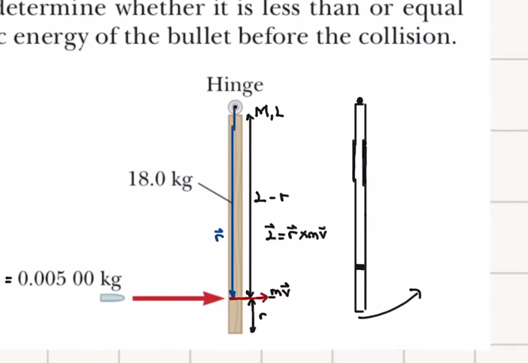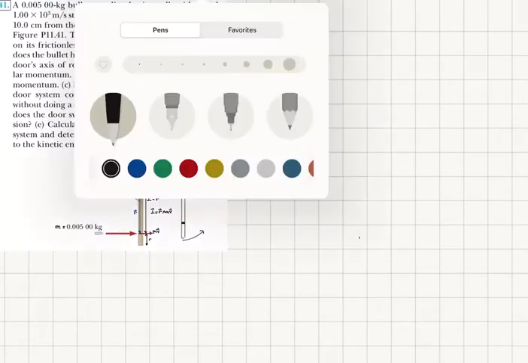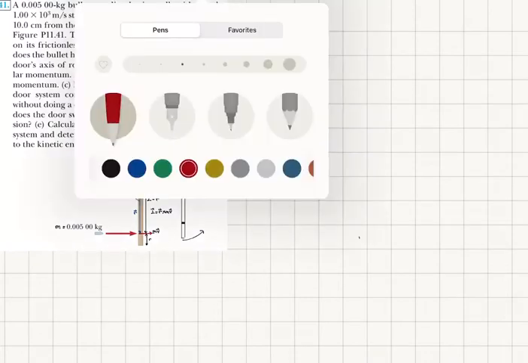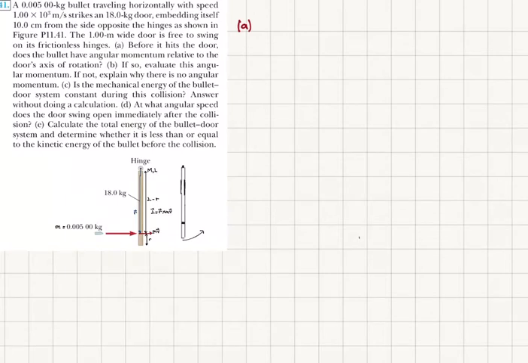So there has to be an angular momentum, because angular momentum is r cross mv. So I will find that there has to be an angular momentum of the bullet with respect to the door's axis of rotation.